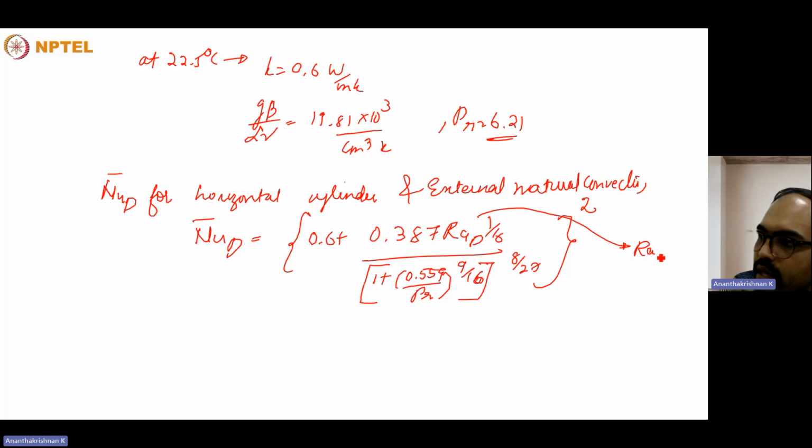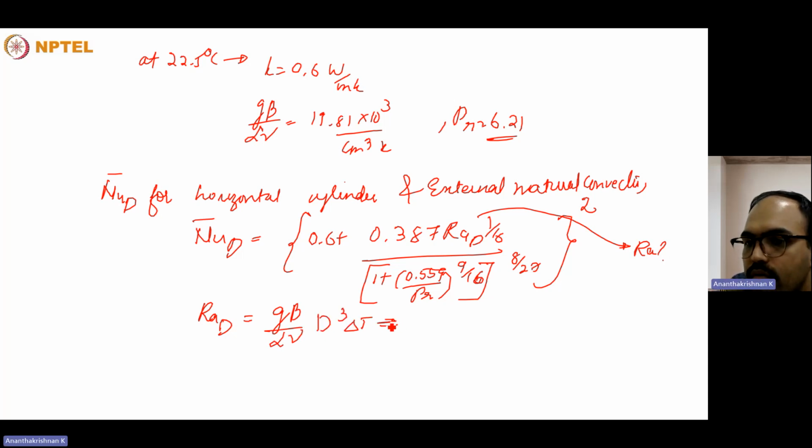So to substitute for that, we require the value of the Rayleigh number, which we can calculate for this case. The Rayleigh number with respect to the dimension D is equal to g beta divided by alpha nu into D cube into delta T. For this case delta T will be 5 degrees Celsius between the surface of the tube as well as the water, which is at an average temperature between the two tubes.